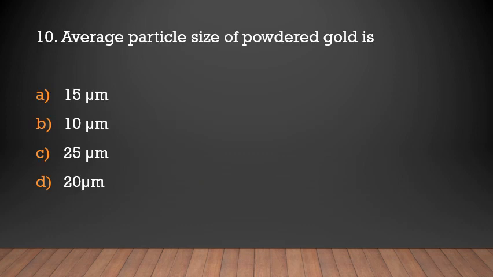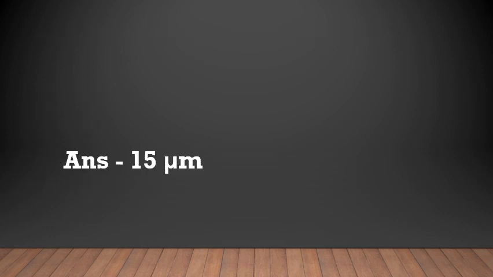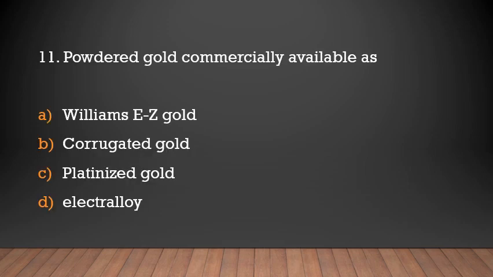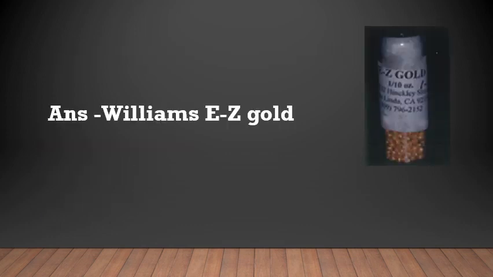Average particle size of powdered gold is 15 microns, 10 microns, 25 microns, 20 microns. 15 microns. Powdered gold commercially available as Williams EZ gold, corrugated gold, platinized gold, electroalloy. Williams EZ gold. Powdered gold is commercially available as Williams EZ gold.